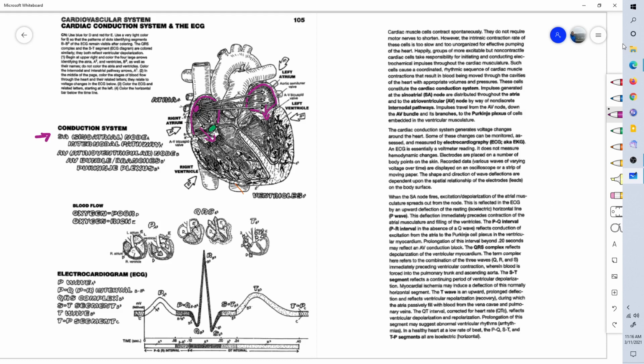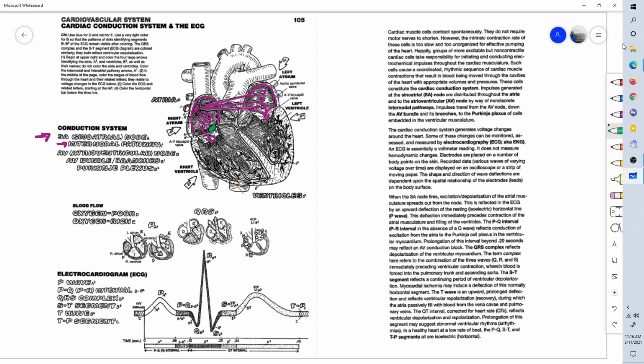It's called the internodal pathway, the path that is taken by the electrical signal to tell all the muscles of the atria what to do. That's the internodal pathway.